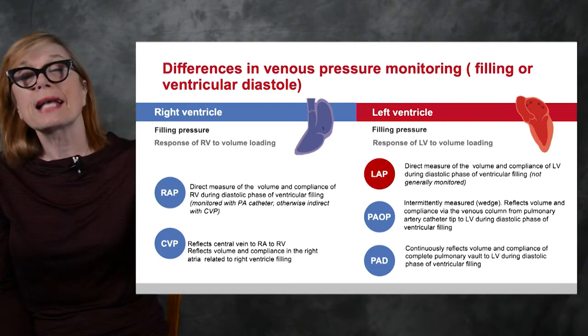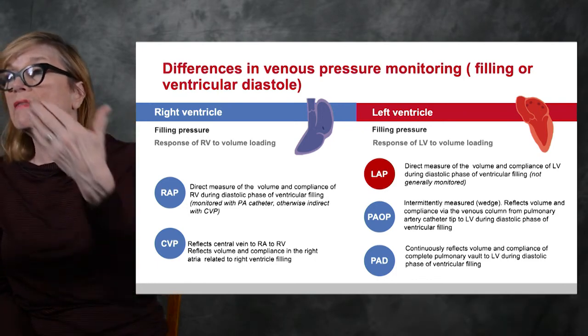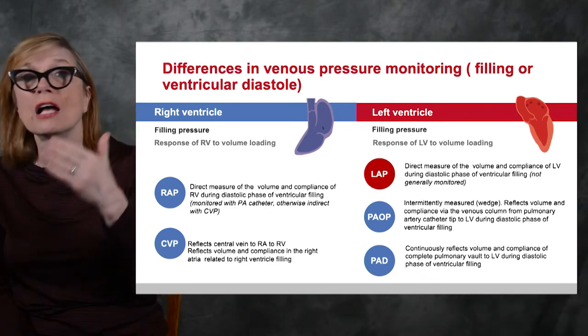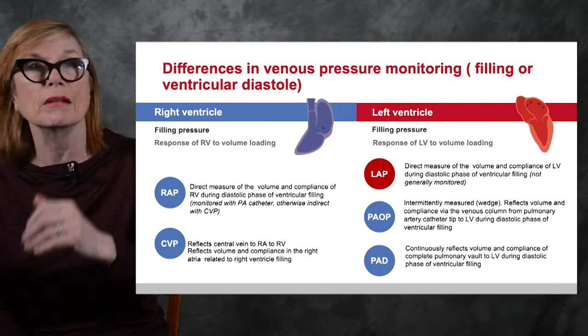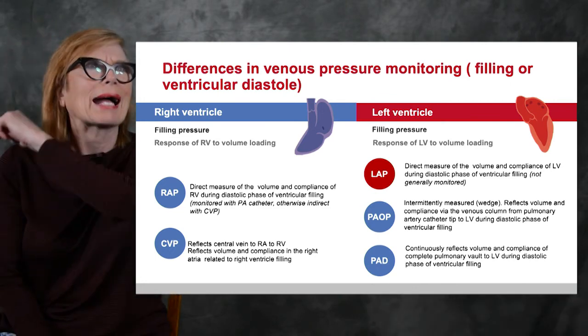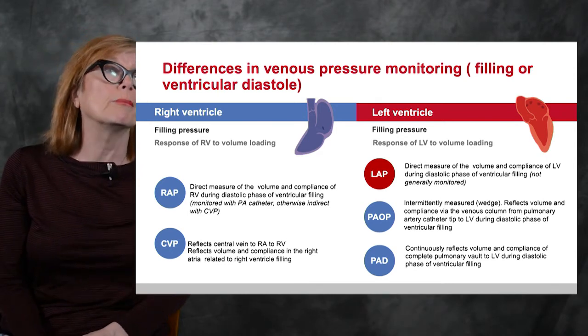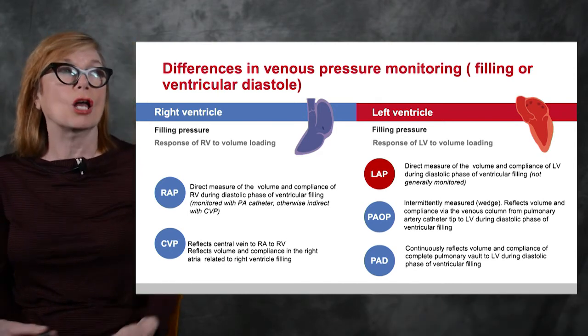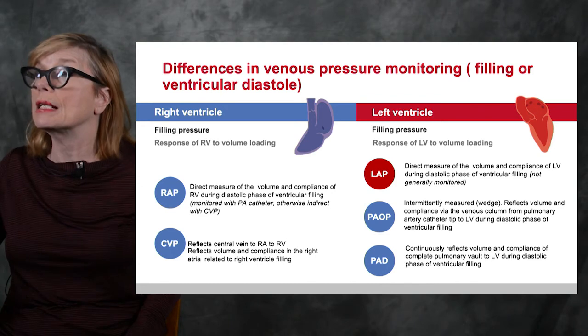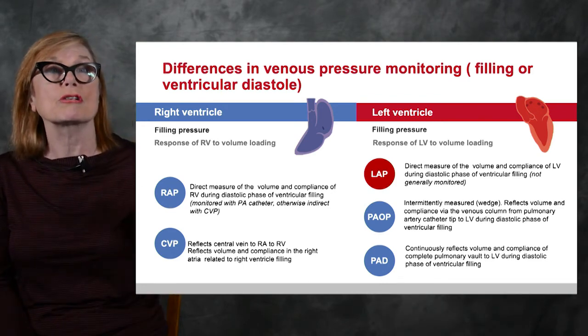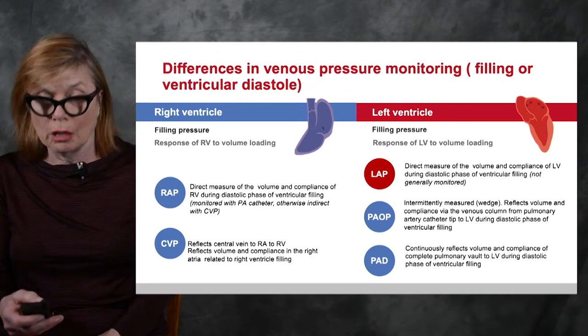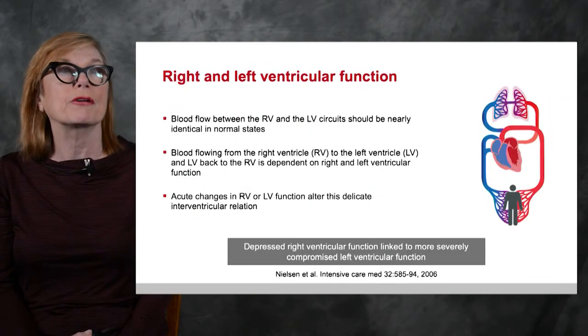So the right-sided filling pressure is lower than the left-sided filling pressure because the right ventricle is more or less compliant than the left ventricle. Correct. The right ventricle is more compliant, so the pressure is lower. The pressure in the left ventricle is higher because the left ventricle is not as compliant. And so right ventricular pressure is lower than left ventricular filling pressure, the pressure required to fill.